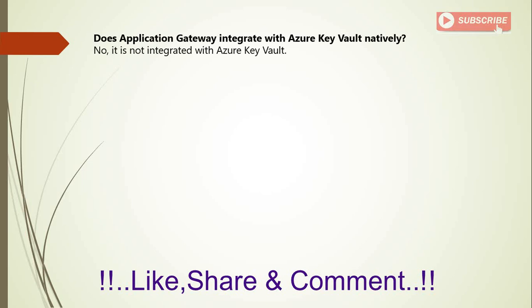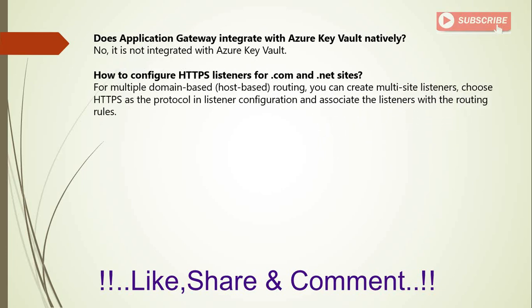No, it is not integrated with Azure Key Vault as of now. How to configure HTTPS listeners for .com or .net sites? For multiple domain based or host based routing, you can create multi-site listeners, choose HTTPS as protocol in the listener configuration, and associate the listeners with the routing rules.